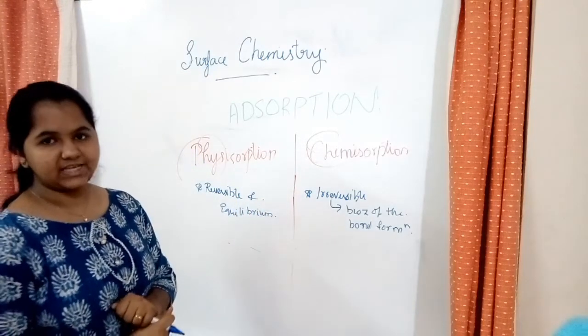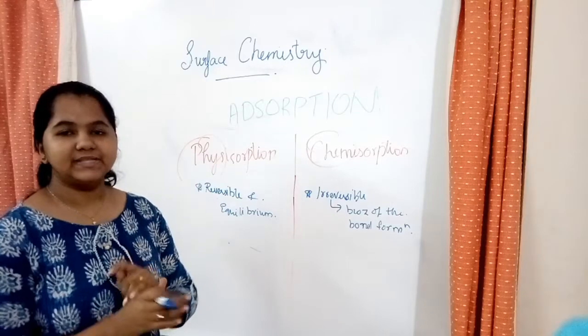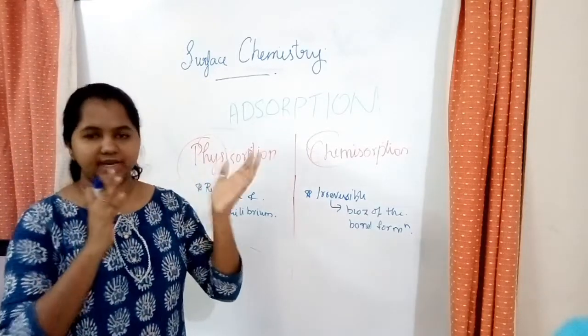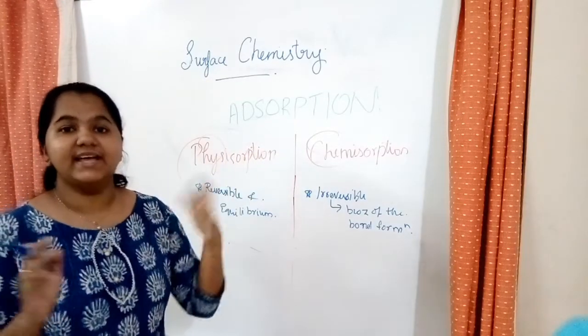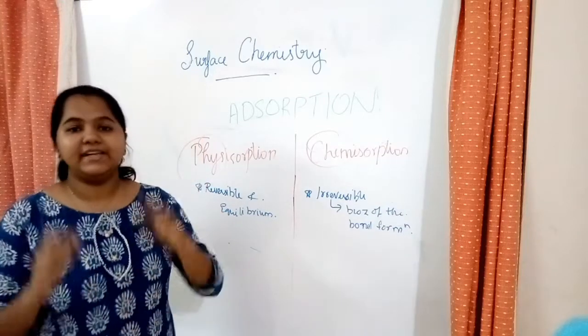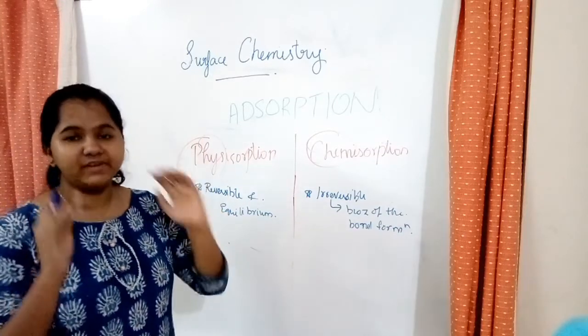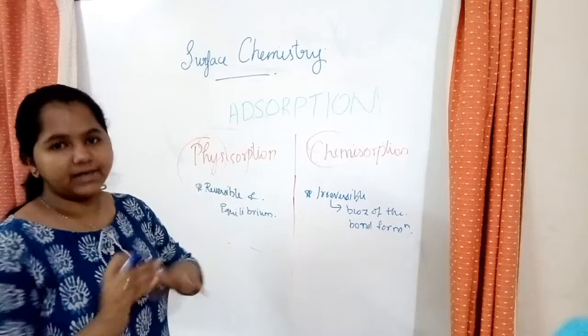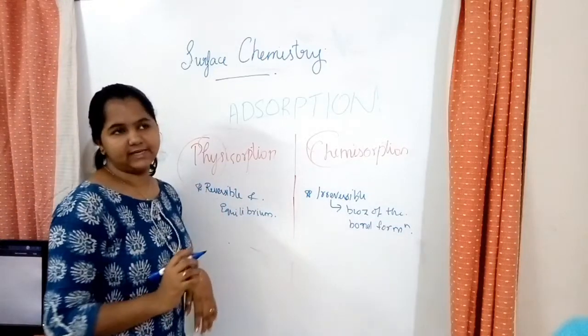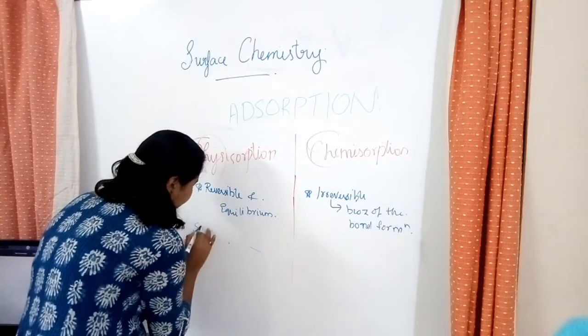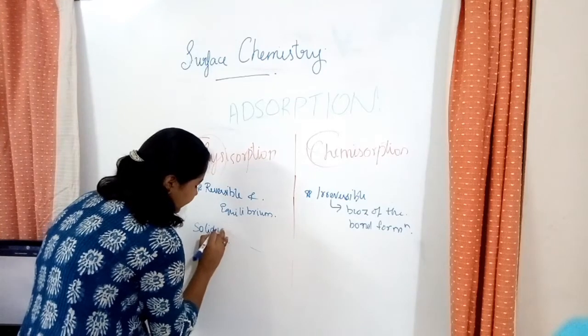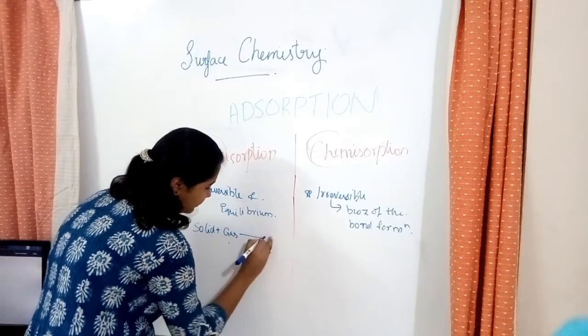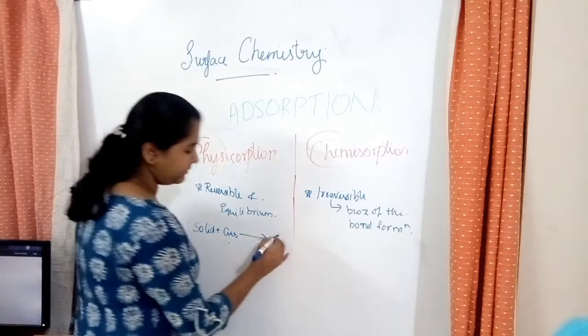According to Le Chatelier's principle, what happens? The reaction proceeds in the direction where there is a lower number of moles. For example, let's take solid plus gas gives what? It can be either solid or gas.